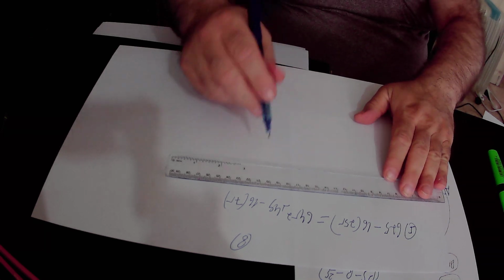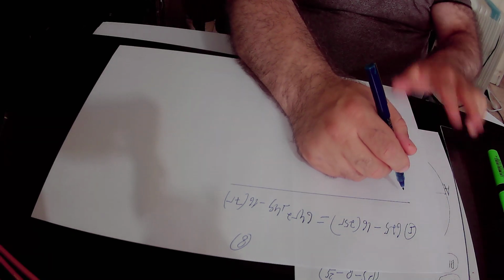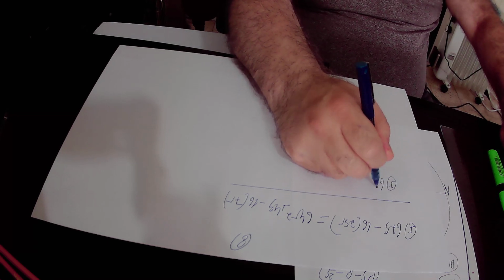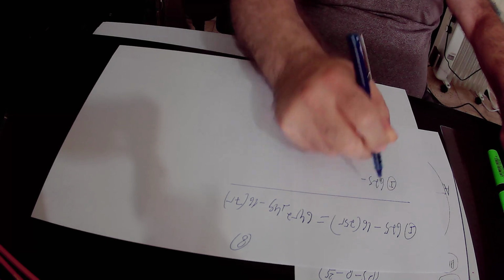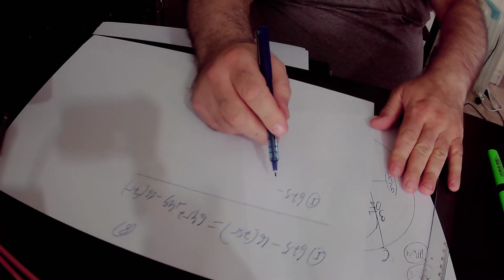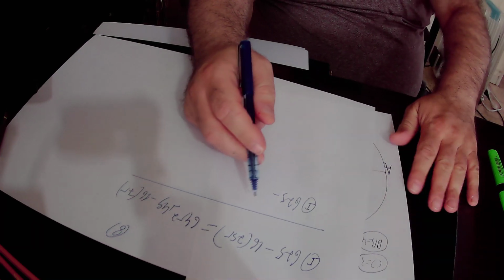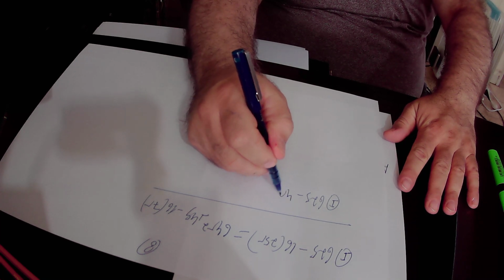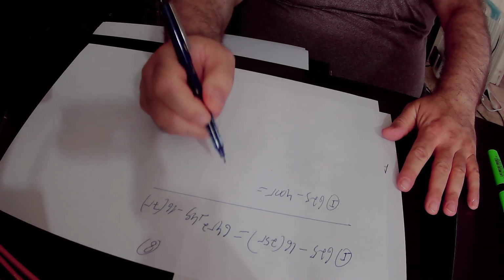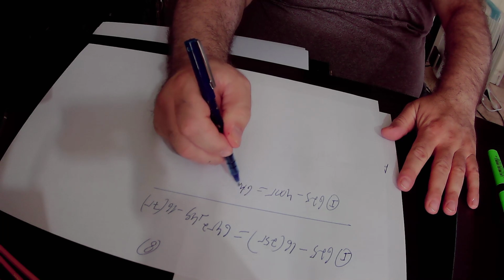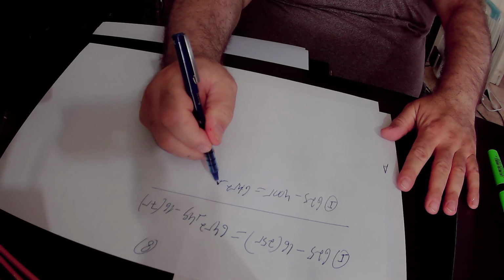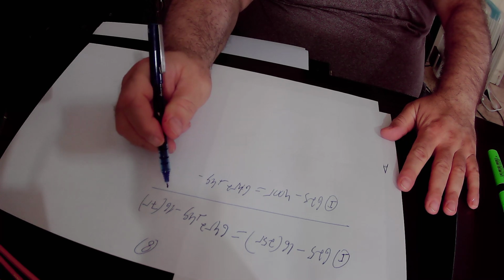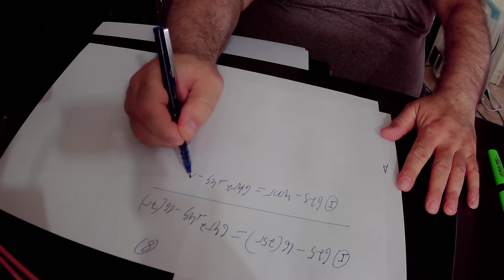So here, turning to equation number 1, we found out that 625 minus 16 times 25r, which is minus 400r, is equal to 64r squared plus 49, and here we have minus 16 times 7r, which is minus 112r.